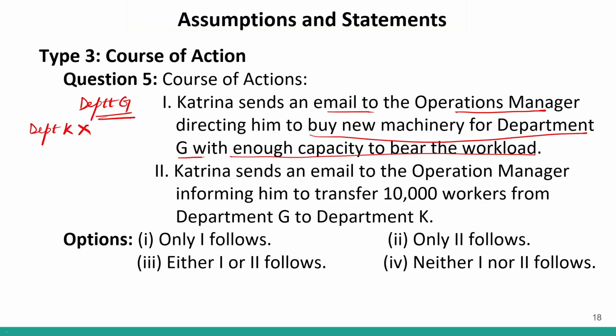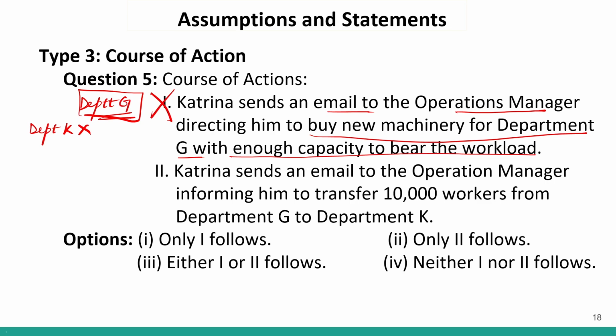Department K's problem was that the machines are being underutilized. So this course of action is just focusing on department G but not on department K. So this cannot be a correct course of action, because we have to look at a course of action that gives benefit to both department G and department K, right?